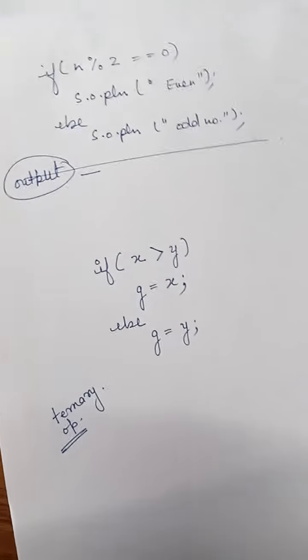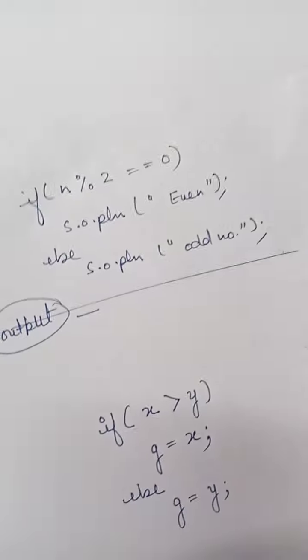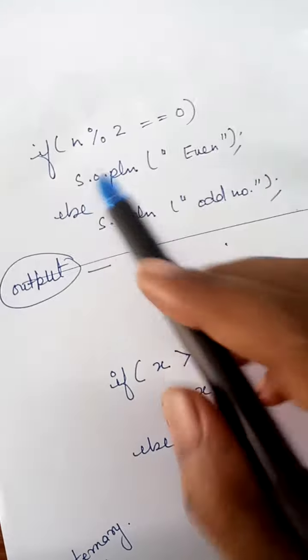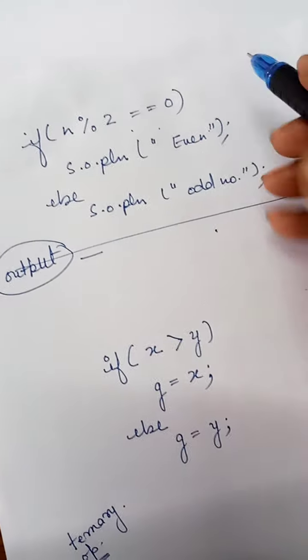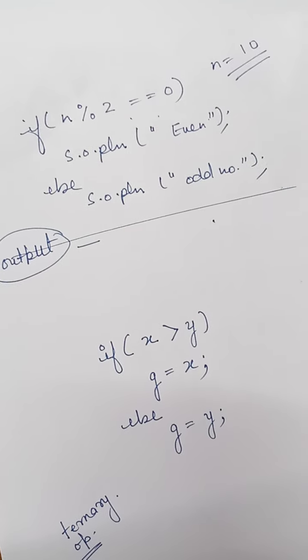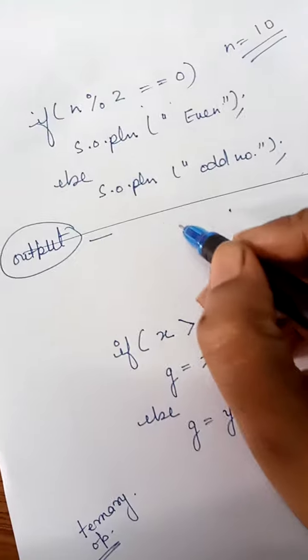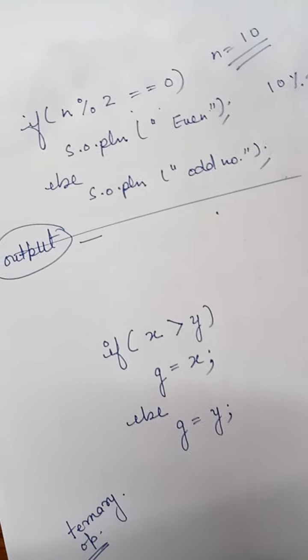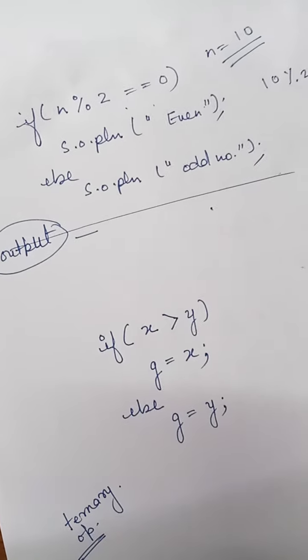Now come to the next thing. What will be the output of this code? If n remainder 2 double equals 0. Suppose the value of n is 10. If n is 10, what will be the output? Put the value 10 remainder 2. What will be the remainder? 0.